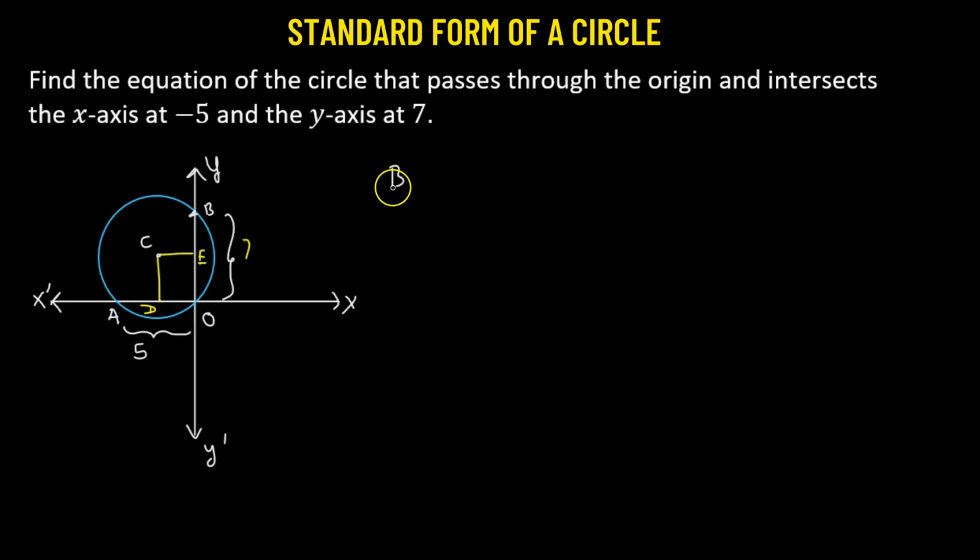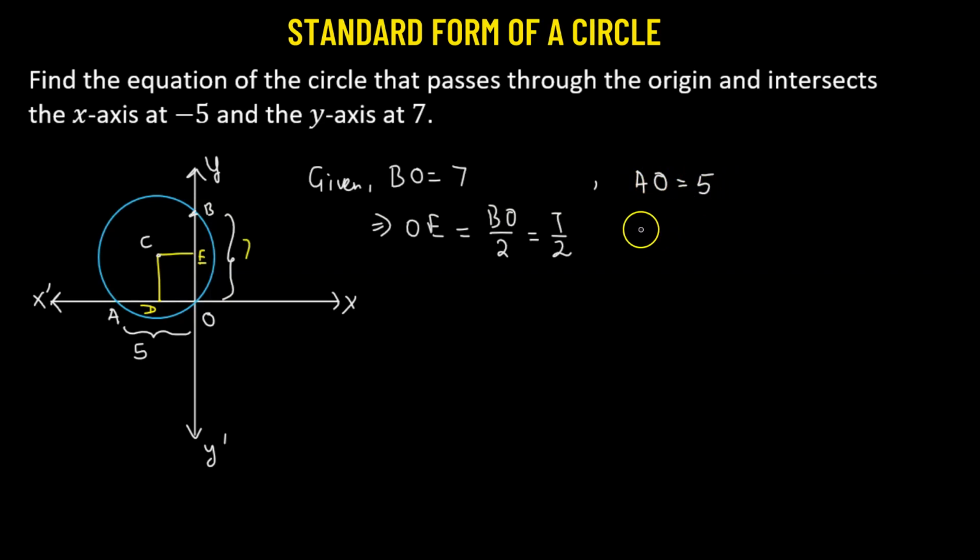We have BO equals 7 units, so that's given to us, and we know that the length OE is going to be equal to half of BO. That means it is going to be 7/2 units. Similarly, we are also given the length of AO. So AO is 5 units. Since we're considering distance, that's why we're taking +5. And from here, we can find out the length DO. So the length DO is going to be 5/2.